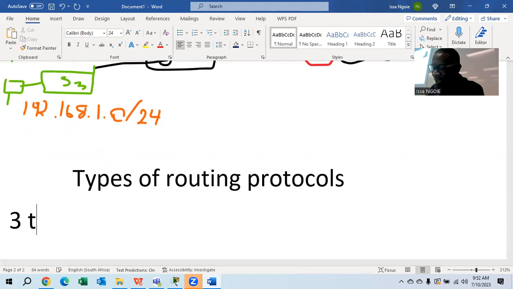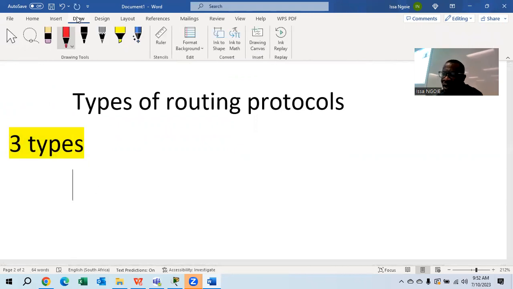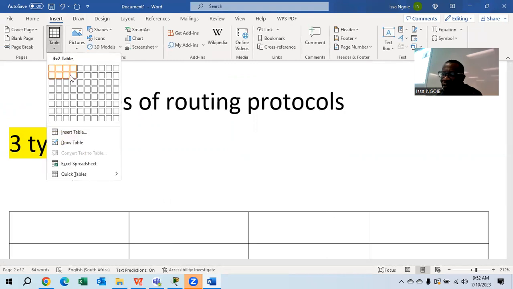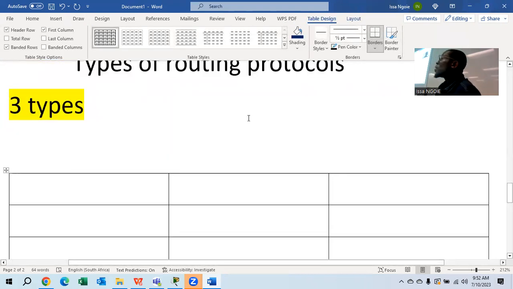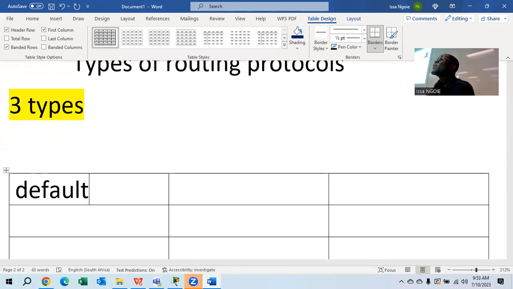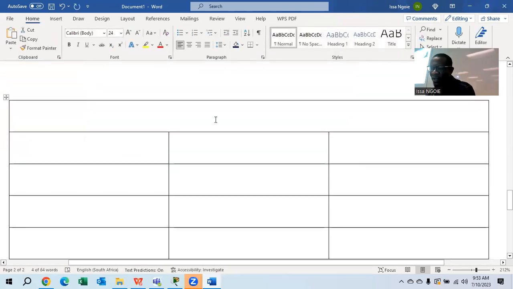So we do have 3 types of routing protocols, but I'm going to use a table. Maybe it's going to allow me to do it much better. So when we are talking about routing protocols, we have to understand that we do have 3 types, right? The first one is what we call the default. Or maybe my table can be like this. Let me merge this one first.